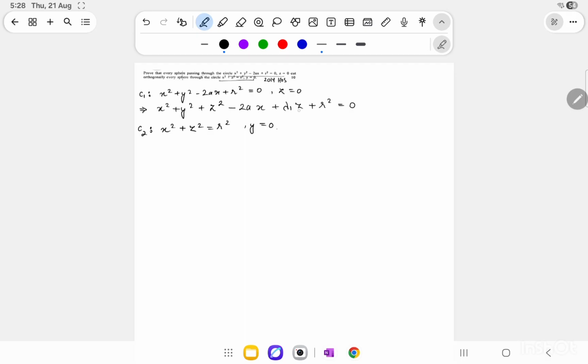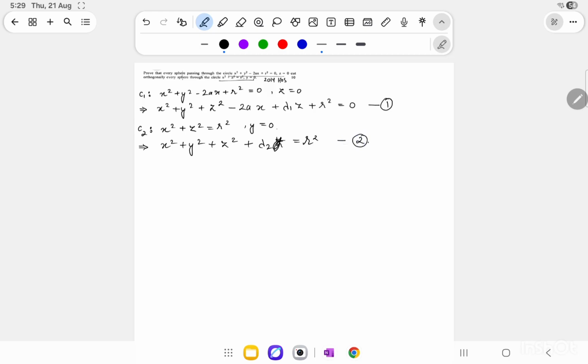I can write it because my z is equals to 0, so this is the equation of sphere passing via circle C1. Likewise, I can write equation of sphere passing via circle C2, that will be x square plus y square plus z square plus lambda 2 y equals to r square. Let me name it as 1 and this is 2.